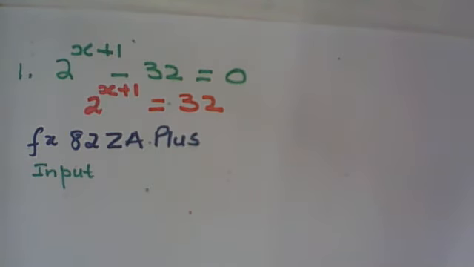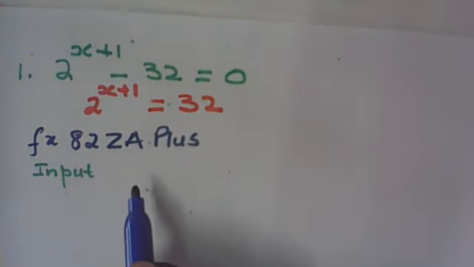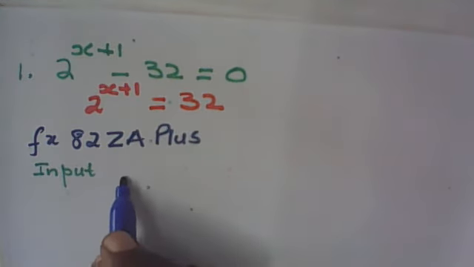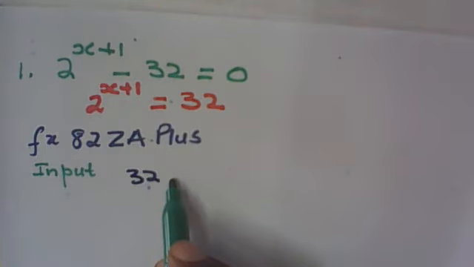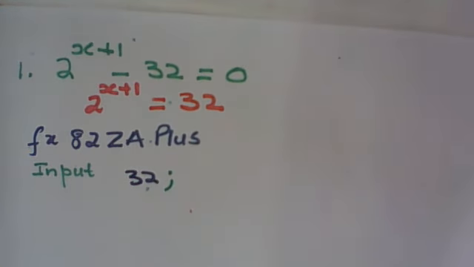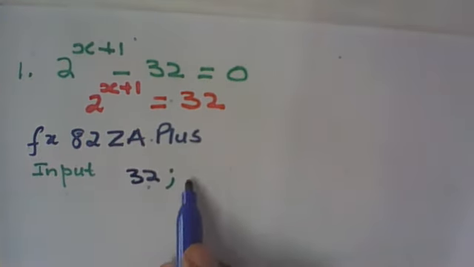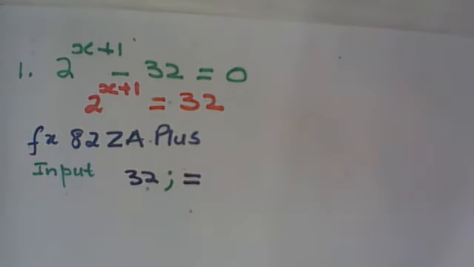Say your input will be 32, then 32, and then you put in the equal sign, input.